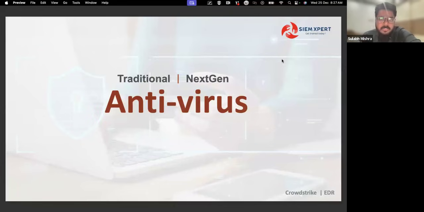So antivirus works with those hashes. You're getting my point? I'm discussing the traditional antivirus. When it comes to traditional antivirus, the main thing is the detection system, how it is going to detect alerts based on the hash values. So I'll explain with a simple representation.